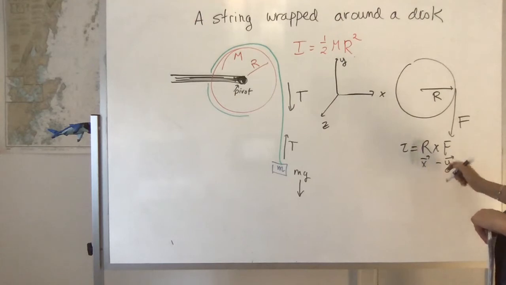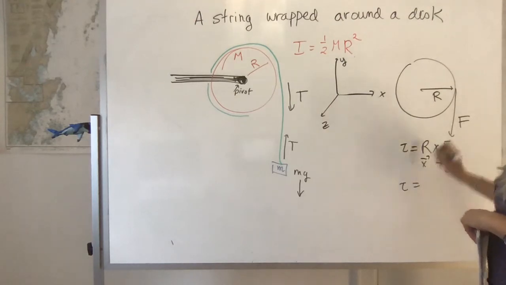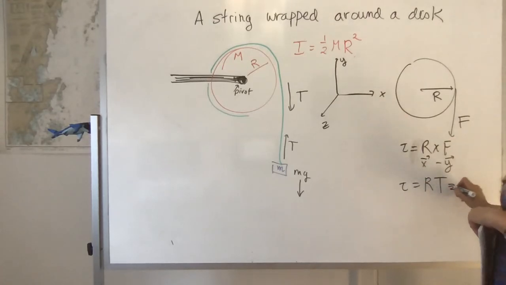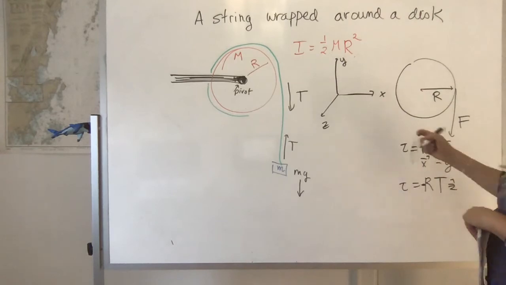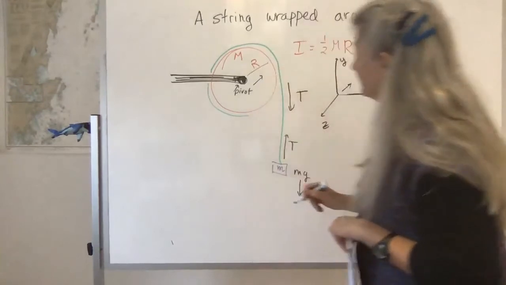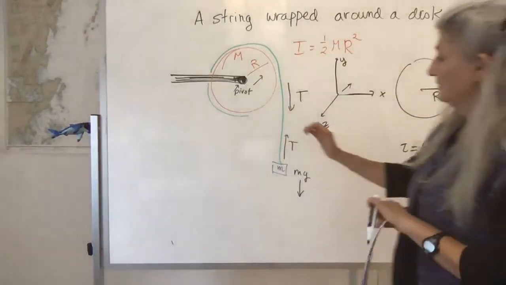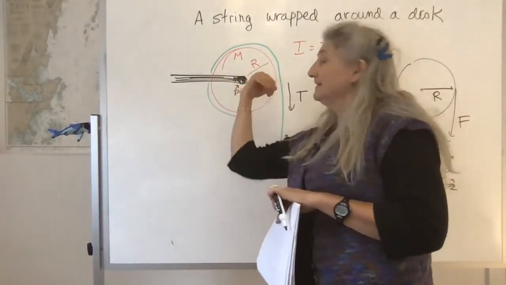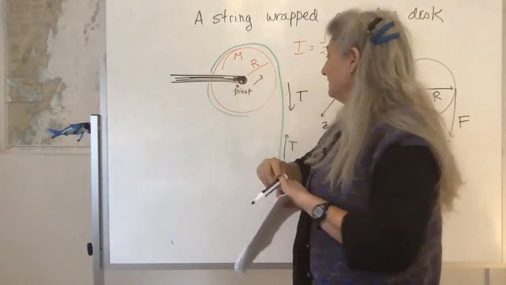X cross Y is Z. So torque is going to be R times tension, in the minus Z hat direction. Torque's in this direction. Remember when we do our right-hand rule, we'll put our hand like this in order to get torque in that direction.